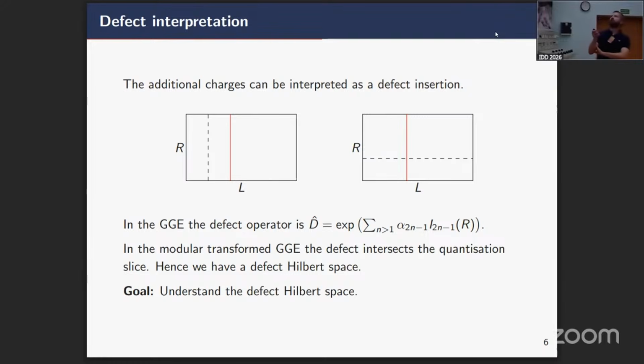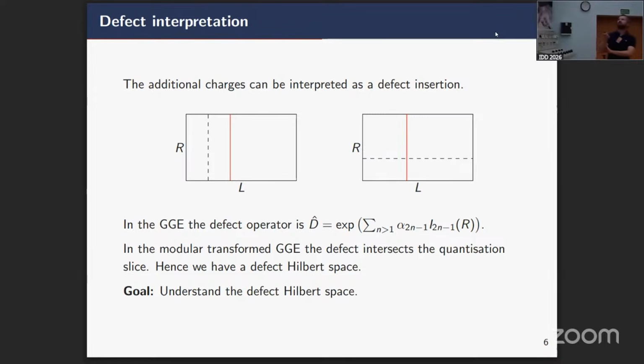So as I evolve, I then hit the defect, and then I continue evolving horizontally. So now, when I do the modular transformation and I quantize on a horizontal slice, my quantization slice is now cut by this defect.